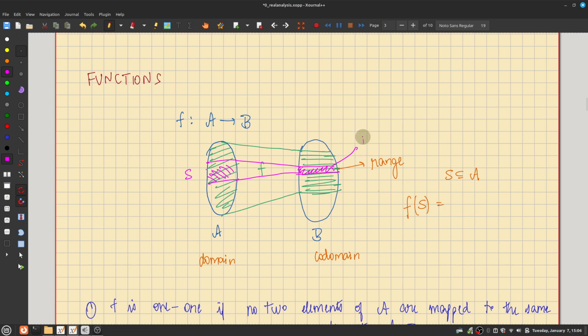This set is called the image of S under f, and that's what I'll denote f(S).